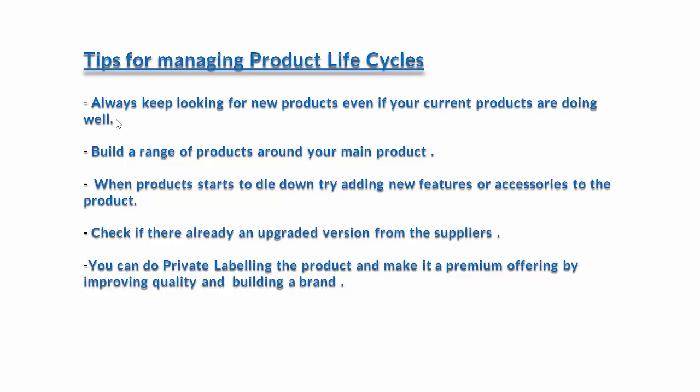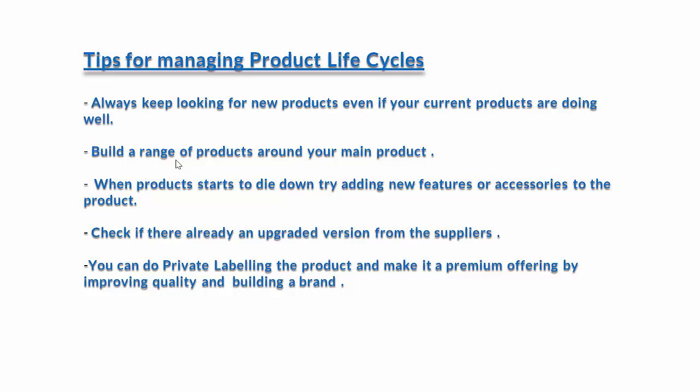Okay. The second one is, if you only have one or 2 products in your product range and they're doing well, start to build some supporting products to that main product. Let's say you're selling a fishing rod. You can have hundreds of different kinds of fishing rods, but what you can also try is other fishing accessories or equipment that complement the fishing rods.